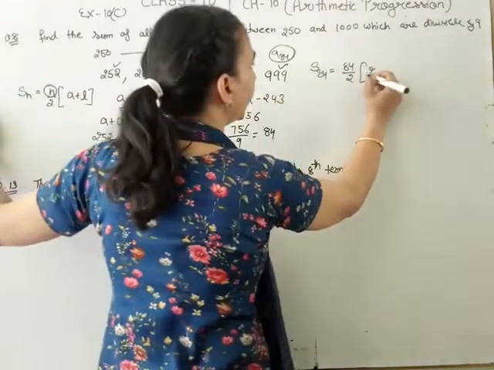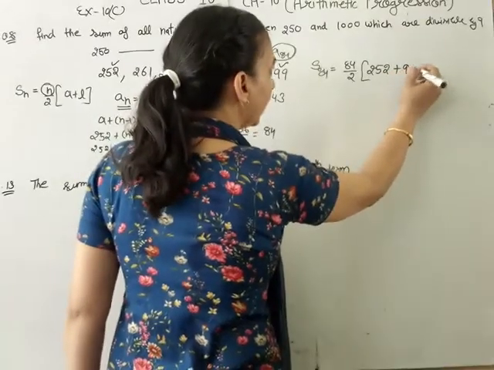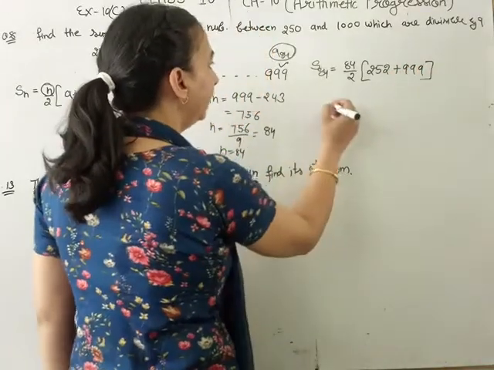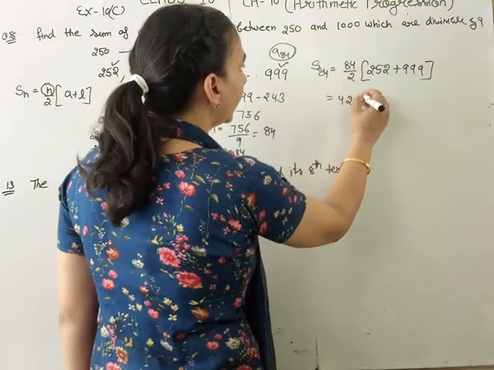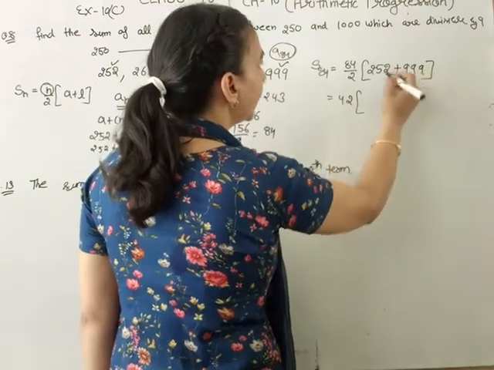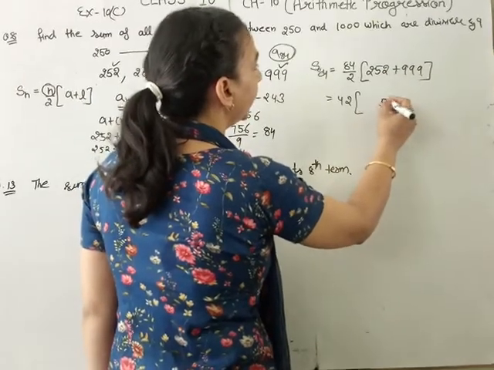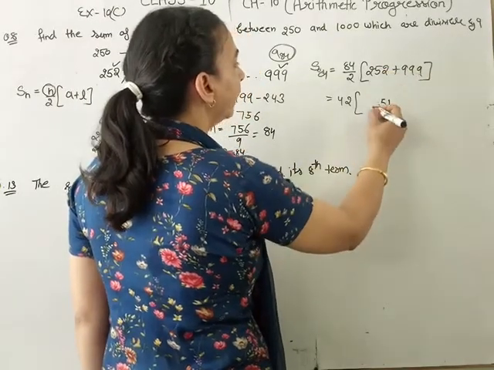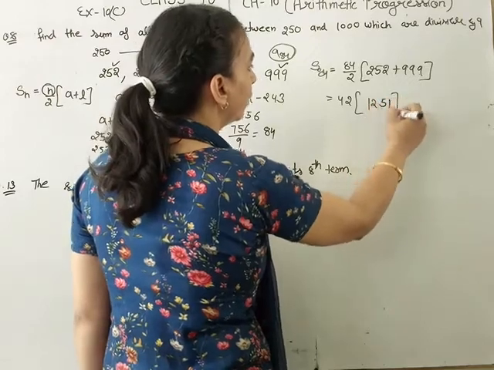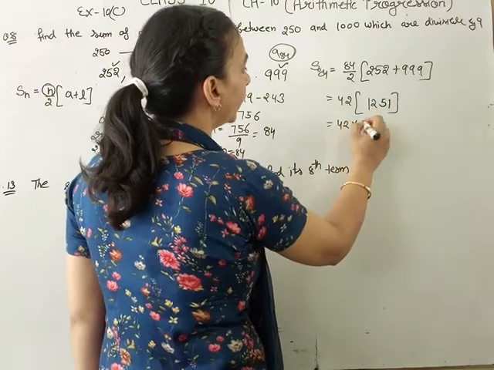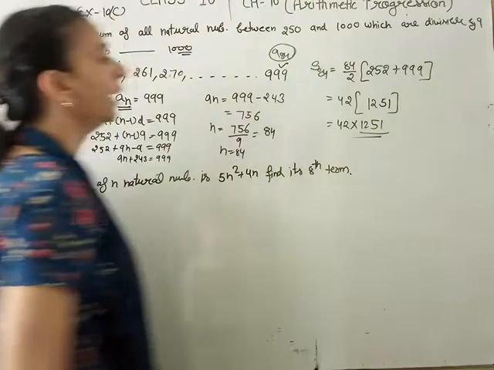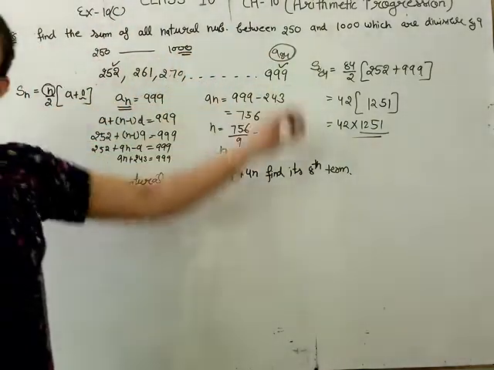The first is 252 and the last term is 999. Then 42 into the sum, and you multiply 42 by this, and this is the sum of the complete series.